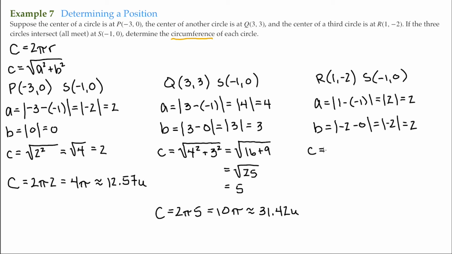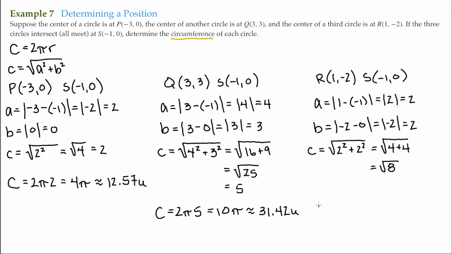So then the length of the radius, that's the square root of a squared, which is 2 squared, plus b squared, which is 2 squared. That's 4 plus 4, which is the square root of 8. We're not going to approximate this. We'll wait until we plug it in for our circumference.